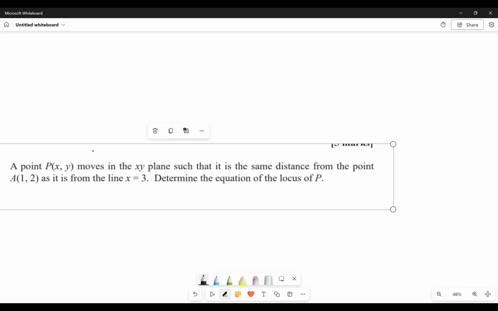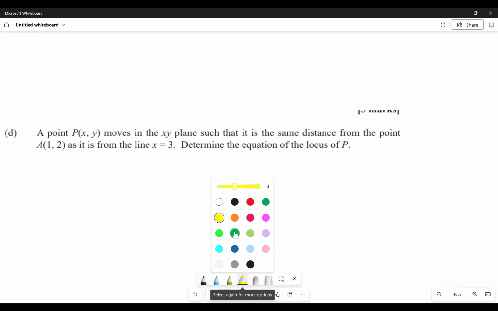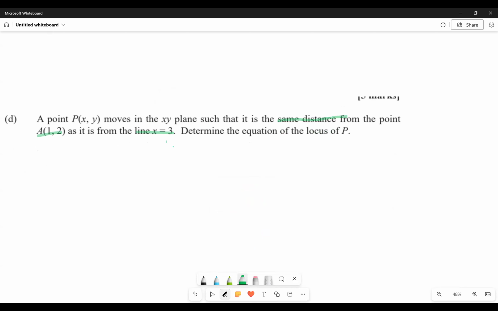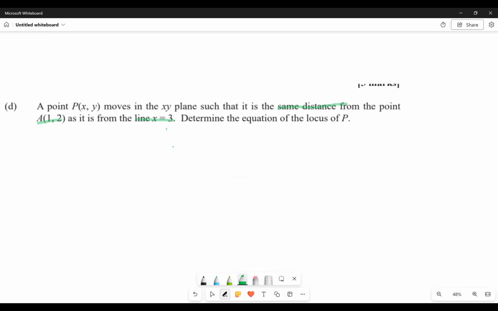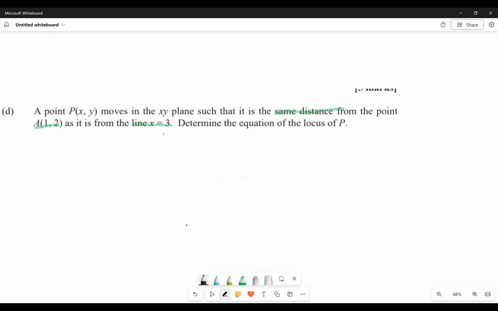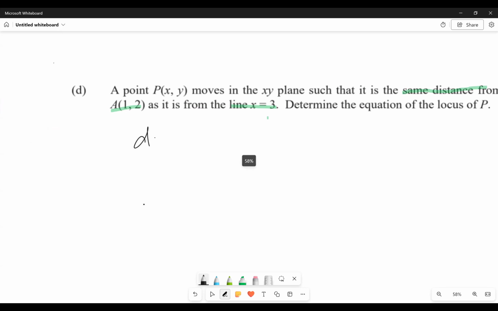So let's do it. The first part of it says P moves, it is the same distance from this as it is from the line x equals 3. The first part is asking a distance question. Remember how we find distance.